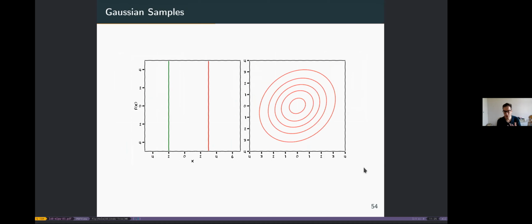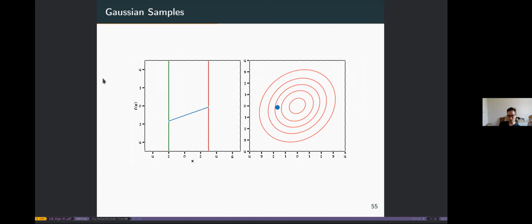So let's now draw some samples from this. We take our two slices, our green and our blue. I take this two-dimensional Gaussian and I draw a sample. So I draw this sample, which is about -1.5 along the green one, and it's close to 0 along the red one, and I get this.